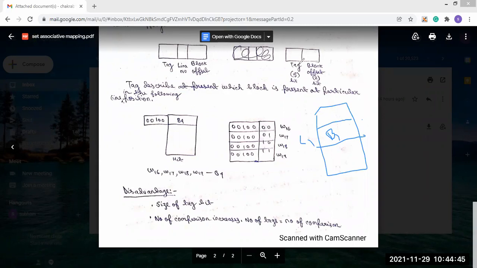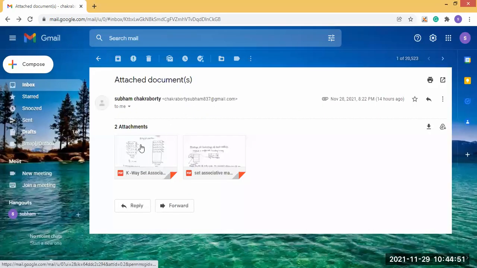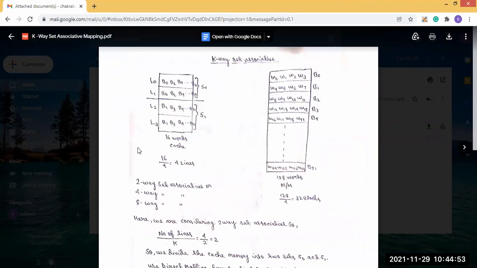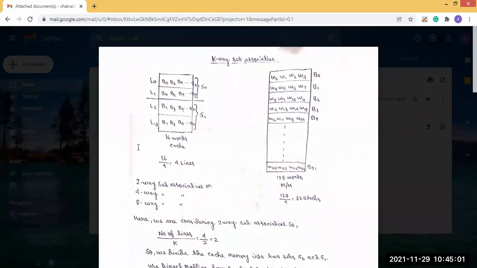Now to overcome this, we use the third type, the k-way set associative mapping.